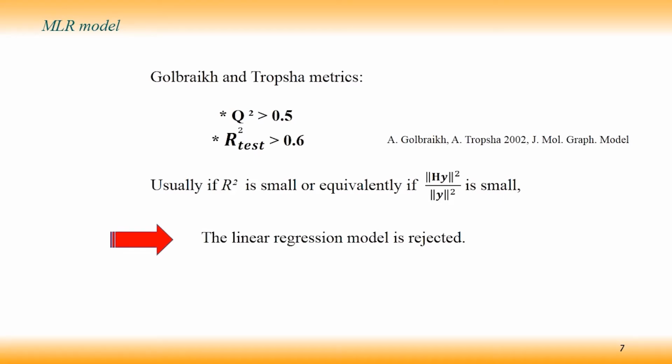Usually, if the linear model is not good in terms of performance and doesn't satisfy the basic metrics proposed by Golbraikh and Tropsha, which are the determination coefficient of the test set and another determination coefficient called Q2 of the internal validation, the linear regression model is rejected.